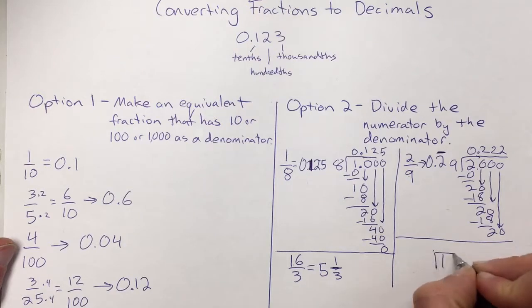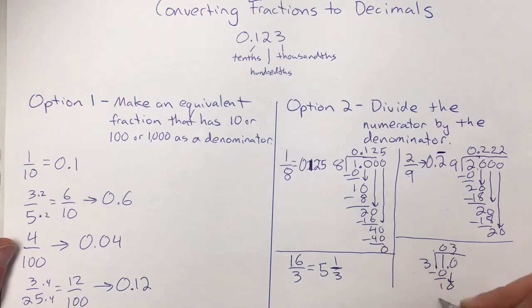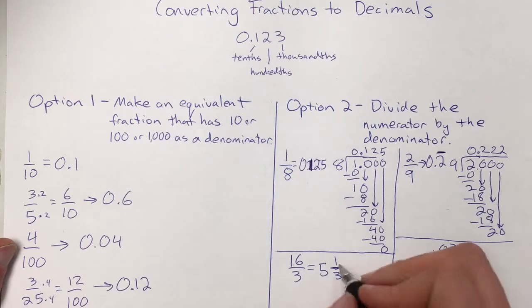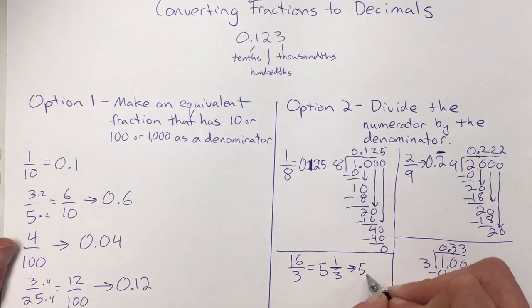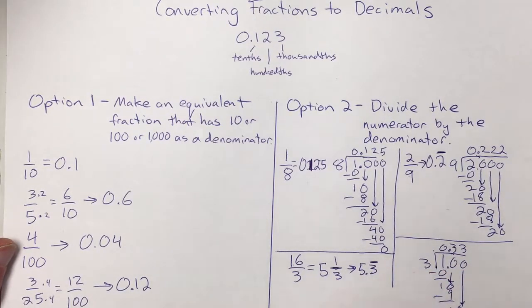Put another line, 1 divided by 3. It does not go in. Add another 0, goes in 3 times, minus 9 is 1. And we see that this pattern is going to continue. It's going to be 0.33333. So that means our improper fraction would just turn into 5 and 3, which is repeating. So 5 and 1/3 turns into that. Again, we just figure that by dividing the numerator by the denominator.